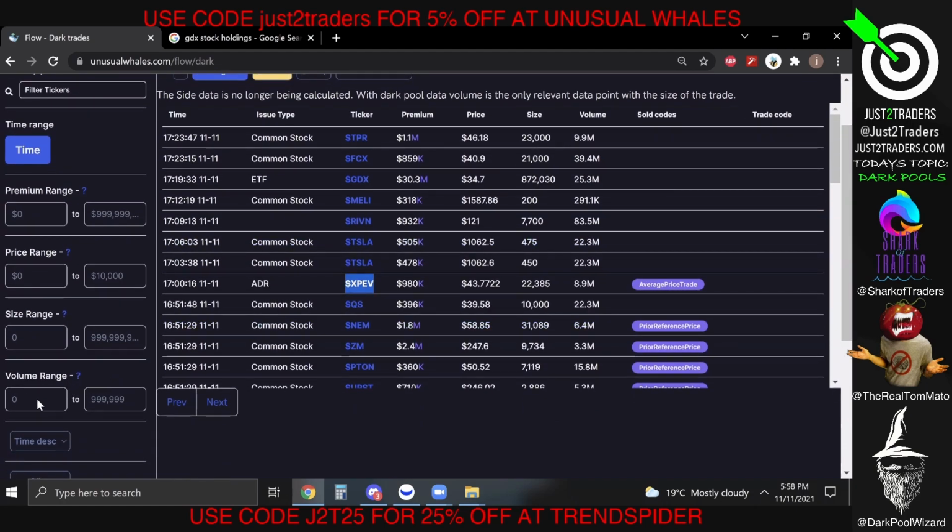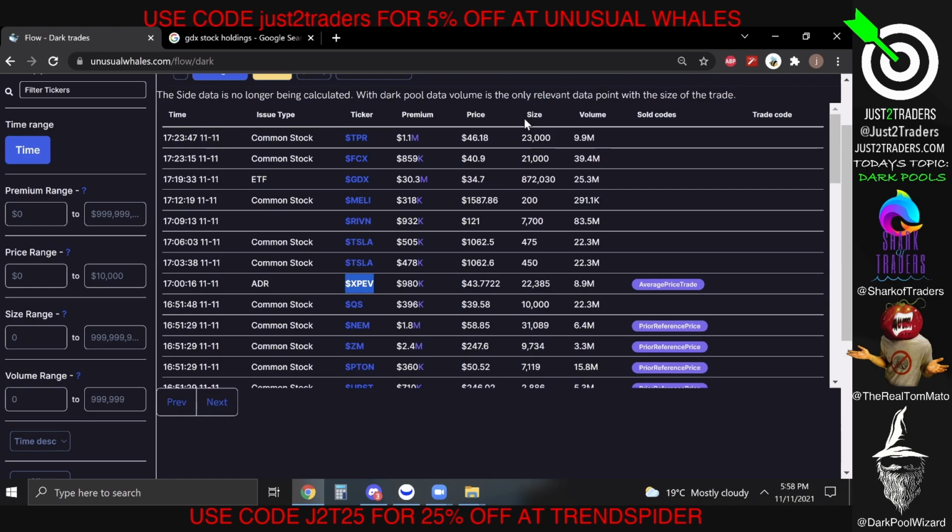Now remember, volume is an aggregate total for the day. It's kind of misleading. The reason why we say size is that all of these prints right here, the size of them is the size of the block, and dark pool prints are labeled as blocks.